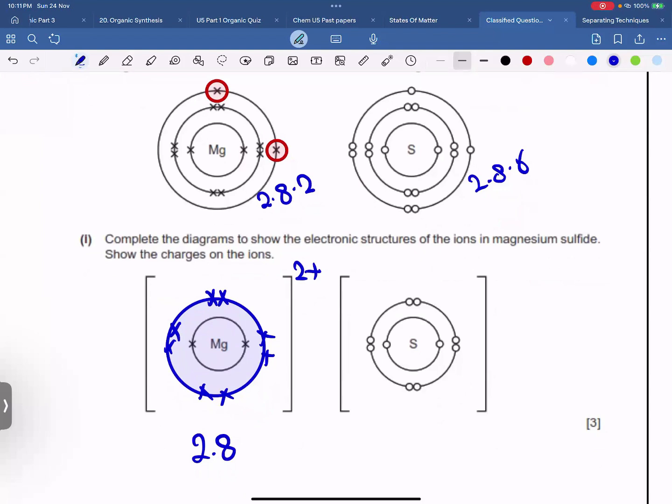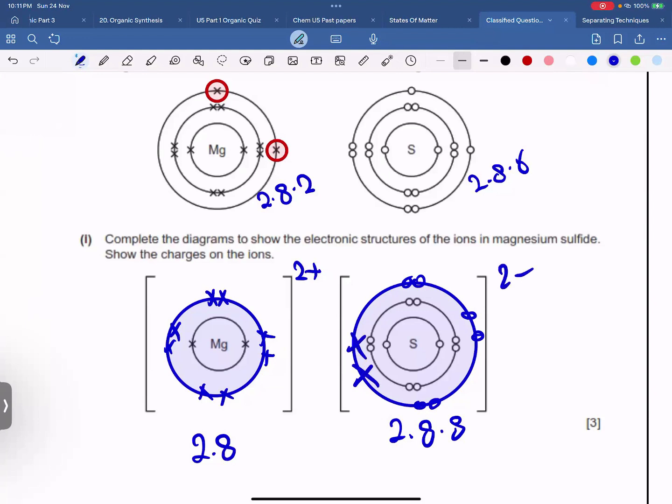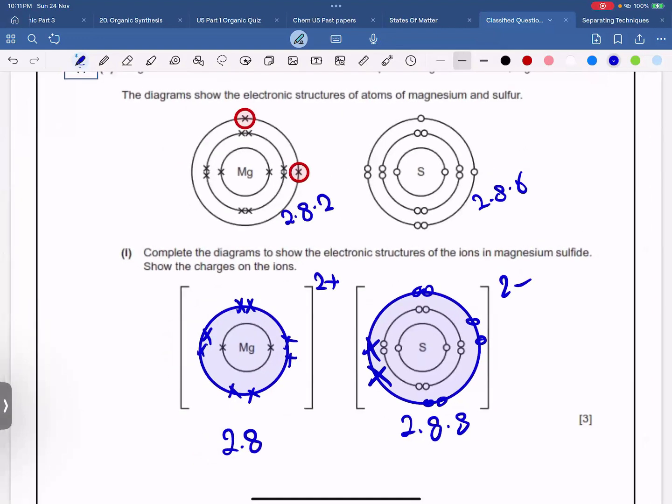So it just gains 2 electrons to have a full outer shell. So draw one more shell because 2, 8, 6 becomes 2, 8, 8. So 1, 2, 3, 4, 5, 6, then 2 crosses from magnesium and negative 2 for the sulfide ion.